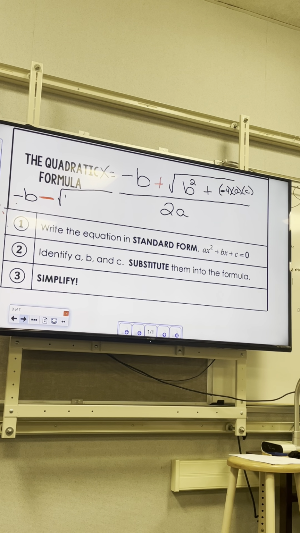Square root of b squared plus negative 4 times a times c, all over 2 times a. Now, honest to God, it's so easy, it's plug and crank. All you have to be is careful, right?